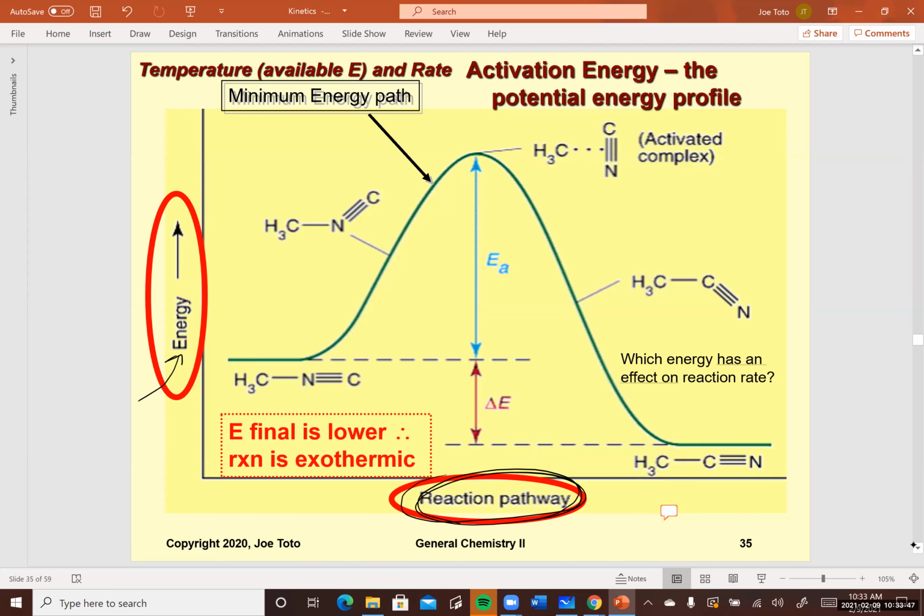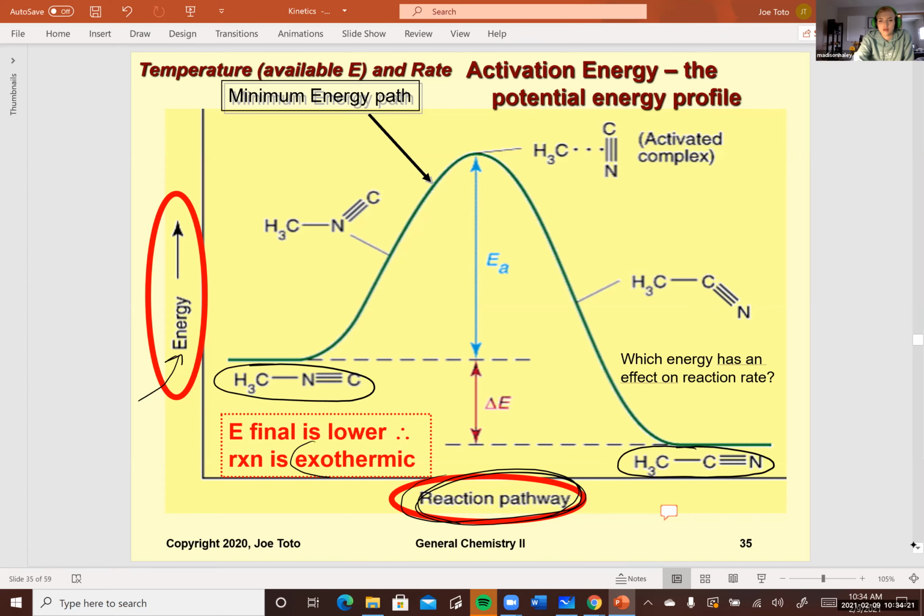So that's your x and y. Energy on the y-axis, and x is kind of as the reaction takes place, sort of like time, I guess. Over here, at a certain energy, I have the reactants. And over here, at a certain energy, I have the products. As soon as I look at that, I know whether this reaction is endothermic or exothermic. Anybody?